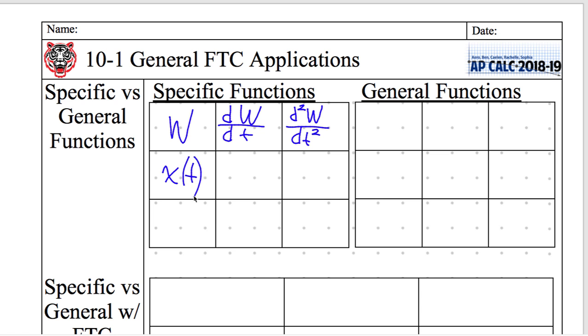If I take the derivative of X of t, what do I get? dx dt. What is the derivative of position in terms of just the concept? Velocity, V of t. And when I take the derivative yet again, it would be a of t.